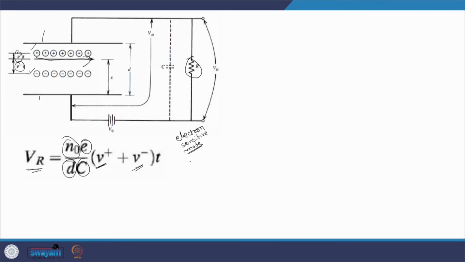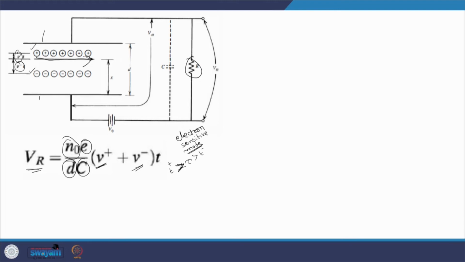The time constant of the detector circuit is chosen such that tau is less than T plus, the collection time of positive ions, but greater than T minus, that is the collection time of the electrons.